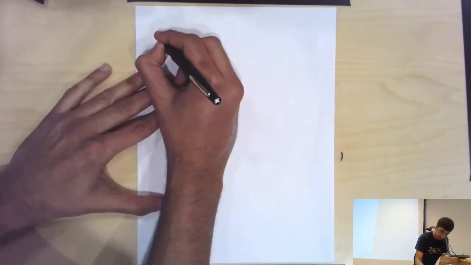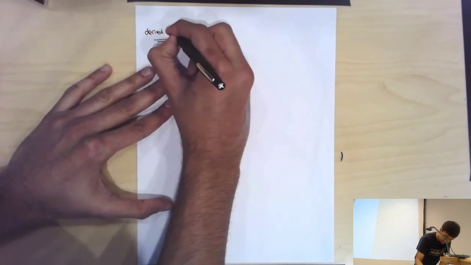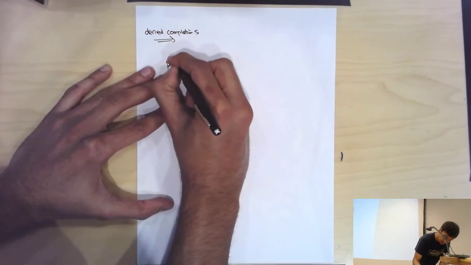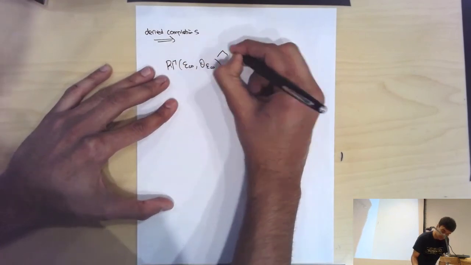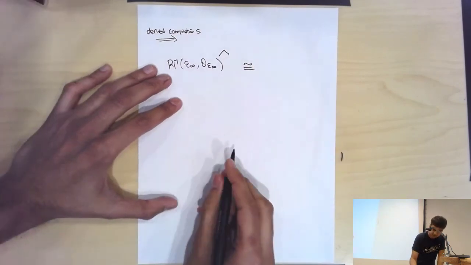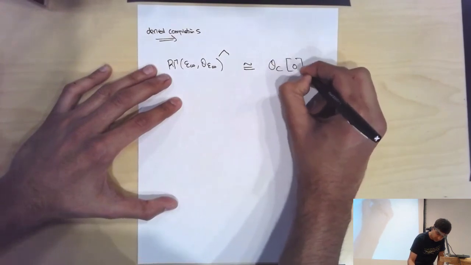So just formal nonsense about derived completions, which again I have a long exercise about in my notes, tells you that RΓ of E_∞, O_{E_∞}, p-adically completed, is actually just a single cohomology group in degree 0 and nothing in higher degrees. So it's quasi-isomorphic to O_C shifted by 0.